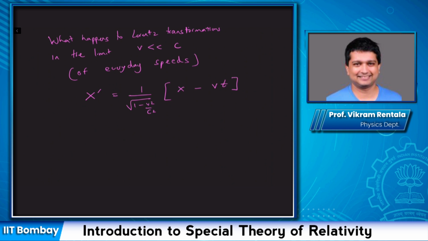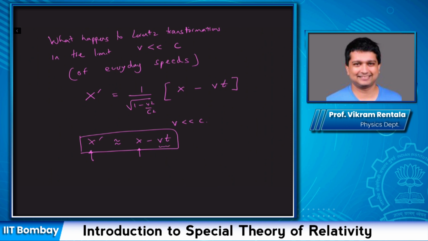Okay, so in the limit that v is much less than c, x prime is approximately x minus vt. So this is very good because it tells us that we recover one of the transformations of Galilean relativity, which is that the position as measured by the moving observer would just be related to the position as seen by the original observer minus vt.